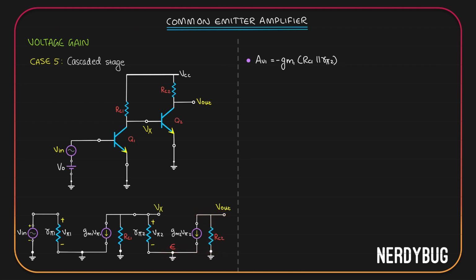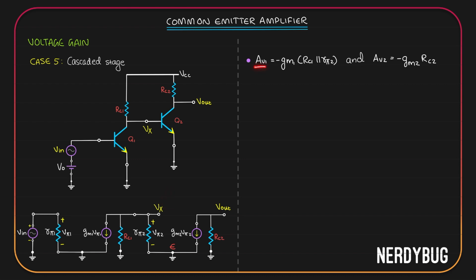So here the gain is going to be minus gm RC2. So gain of the first stage AV1 is minus gm1 RC1 parallel to R pi 2 and gain of the second stage AV2 is minus gm2 RC2. Gain of the first stage is its output divided by its input. Its output is Vx, input is V input.